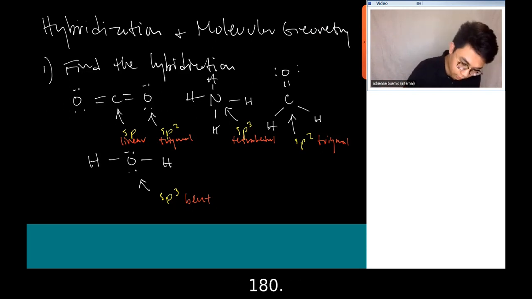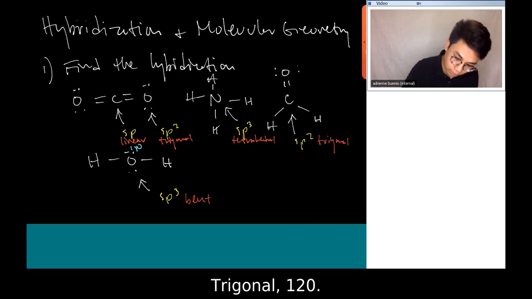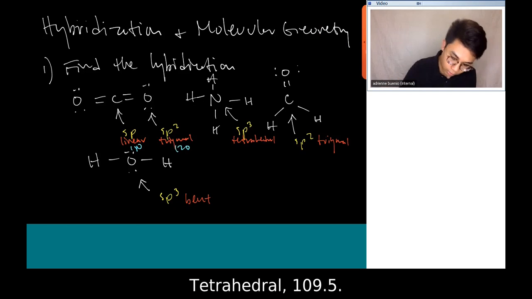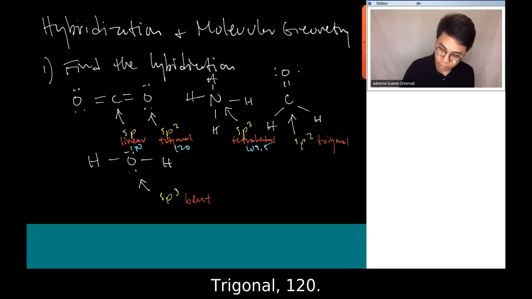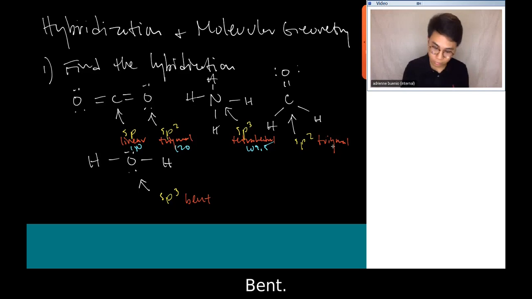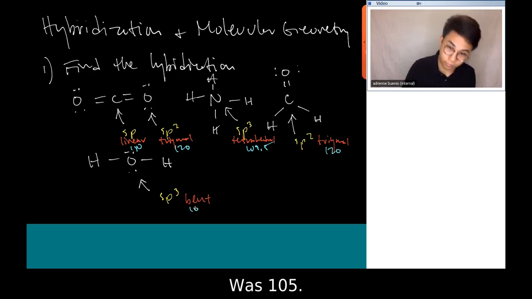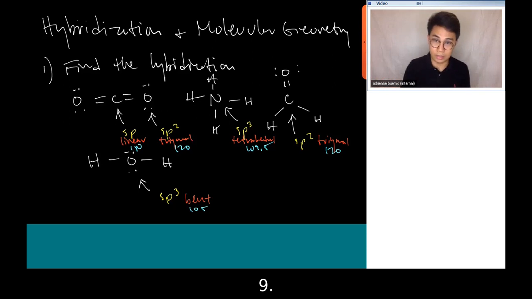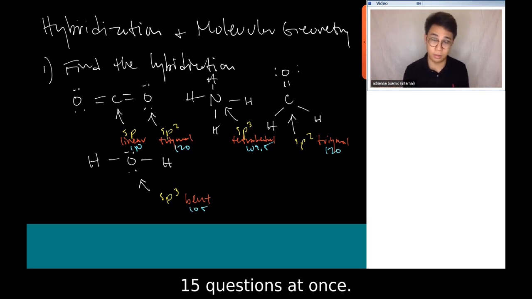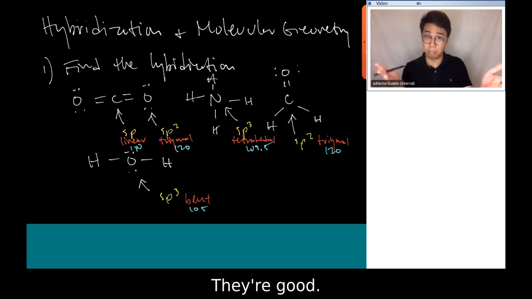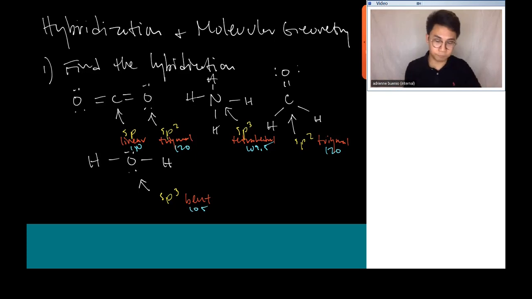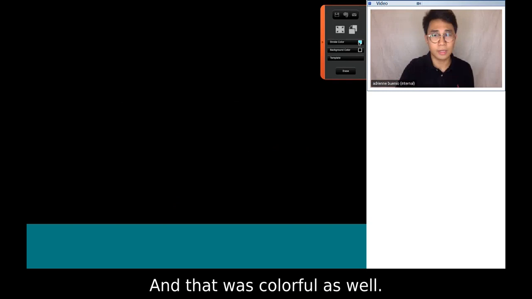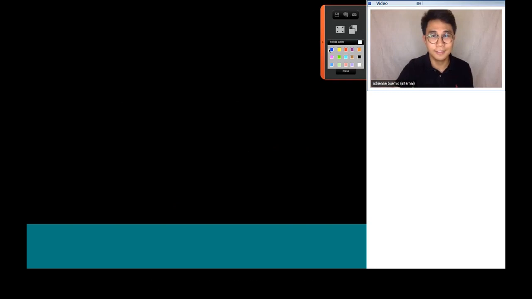So linear, of course, 180, trigonal 120, tetrahedral 109.5, trigonal 120, bent was 105, right? So boom, this was like what, 3, 6, 9, 12, 15 questions at once. We're good. And that was colorful as well. So again, colors are good.